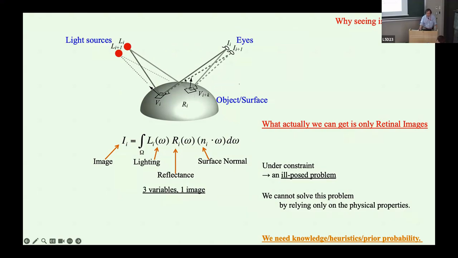Then some of the reflected light falls onto the retina. What we can actually get from the sensory system is only this retinal image. And to know what an object is, we have to infer R and N. In this way, the problem of vision is an ill-posed problem. And we cannot solve this problem by measuring only the physical properties.